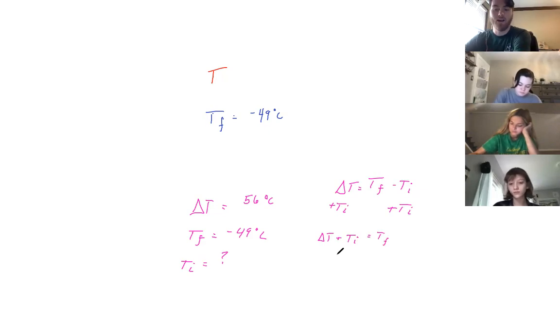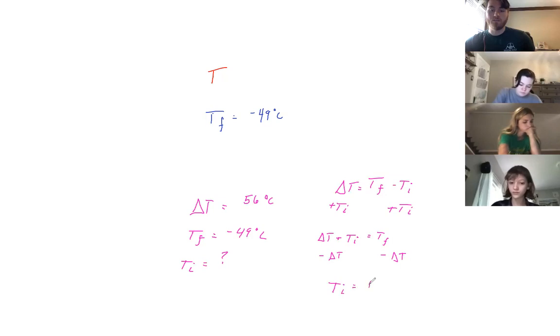Then if I subtract out change in temperature from both sides, I'm going to have my temperature initial is equal to my temperature final minus my change in temp. That's basically all I have.